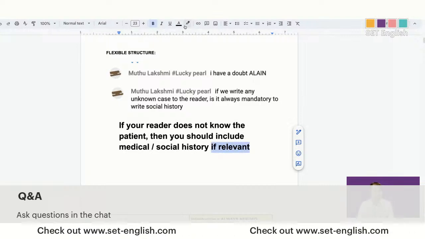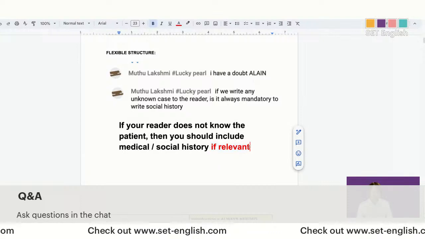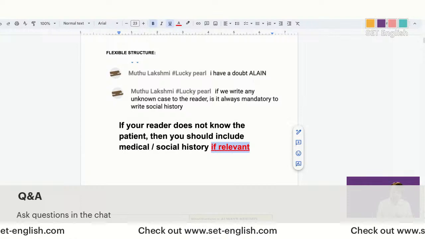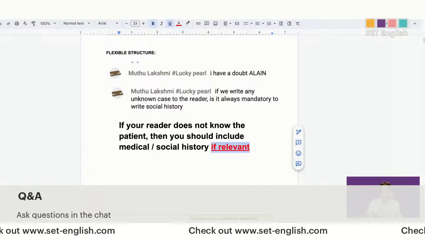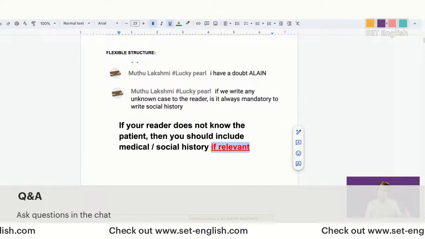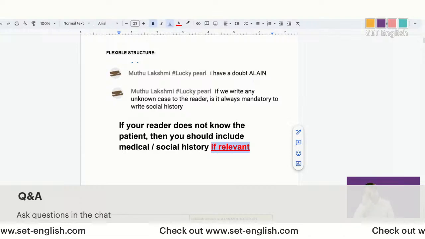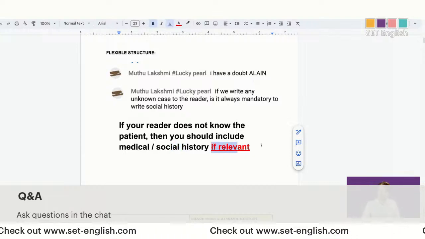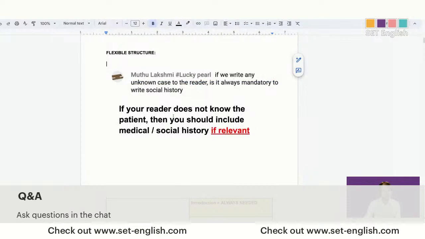Sometimes there's nothing relevant. So yes, include it, but sometimes there's just nothing there. Don't tell them about dogs and cats and pets just because you think you should put some social history. It has to be relevant. So that's my answer, Muthu. I hope that helps.